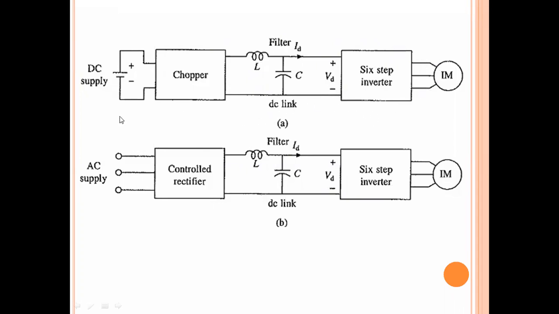The second case is if we have a three-phase AC supply. Now we will use a rectifier circuit. This rectifier circuit is used for regulating the DC output voltage which is applied to the voltage source inverter.